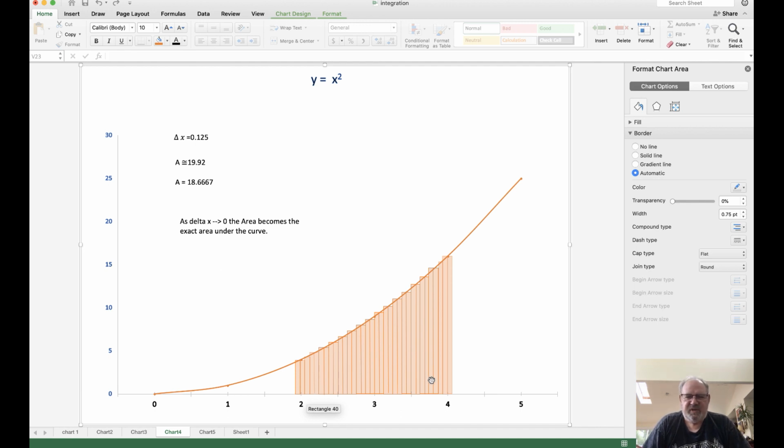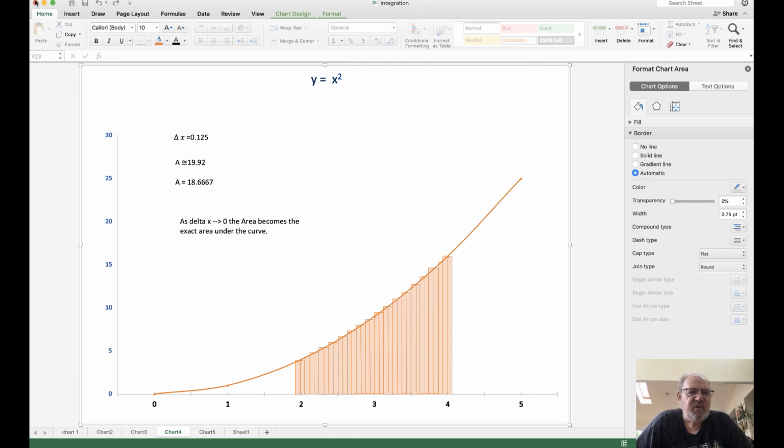So that's basically the fundamental theorem of calculus, that as delta x goes to 0, these rectangles exactly estimate. There are going to be an infinite number of these rectangles, by the way, and they will sum up exactly the area under the curve.